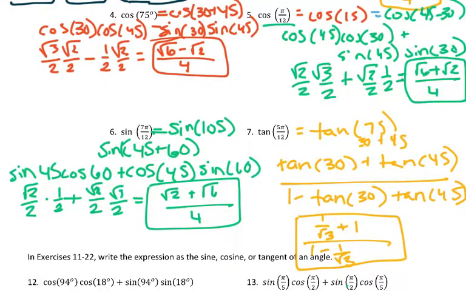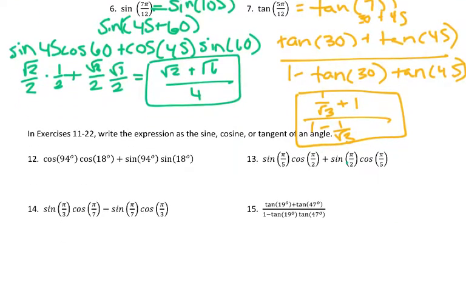Alright. So hopefully that made sense. Now we just get to look at them and work backwards. So again, anytime that you have sine and cosine together, like we see here, that is going to end up being cosine of something combined together. So this is going to be cosine of 94 and 18.